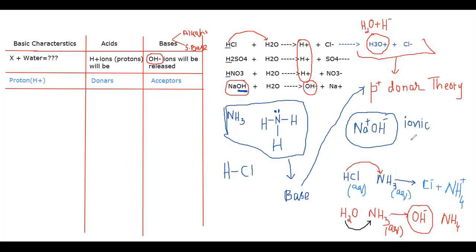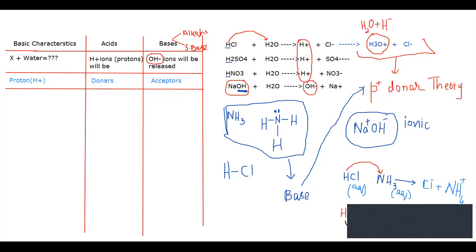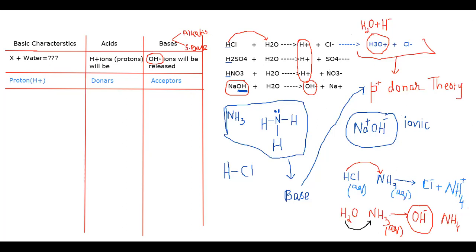So according to the proton donor theory, you may clarify the chemical reactions of ammonia, because ammonia is a covalent substance and it does not release hydrogen ion, although it has three different hydrogens.